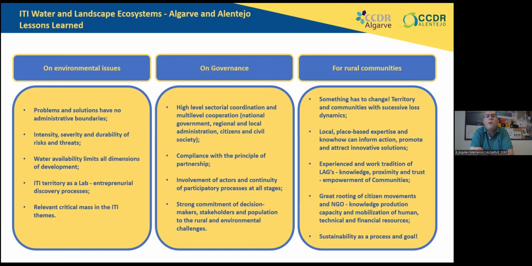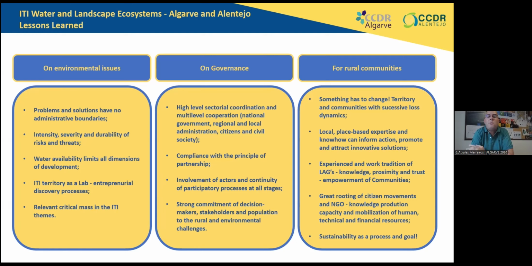At last, for rural communities, some insights. We are facing territories that have successive loss dynamics of people, of agricultural capacity, of water availability. So something has to change. And so there was great willingness from everyone to walk this way and do things differently than we have until now.